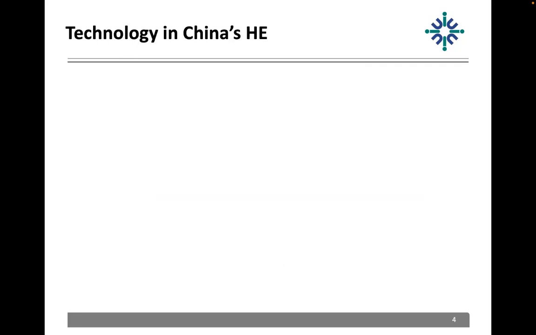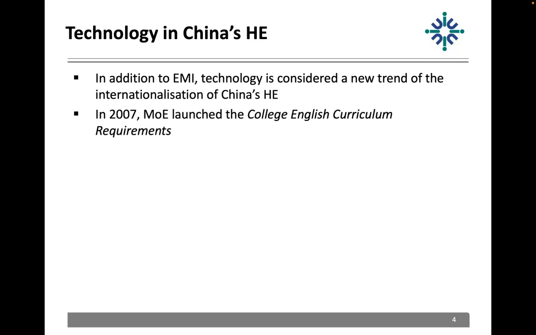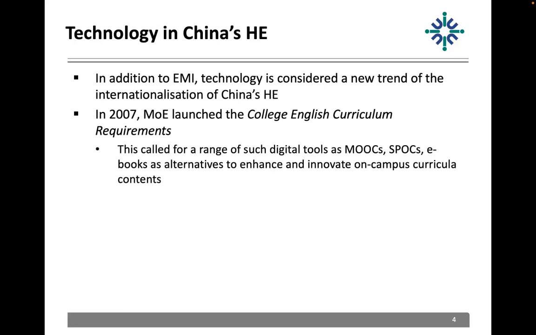So then let's take a look at technology in China's higher education. The use of digital technologies is also considered a new trend of the internationalization of China's higher education. And in 2007, the Ministry of Education of China launched the college English curriculum requirements.